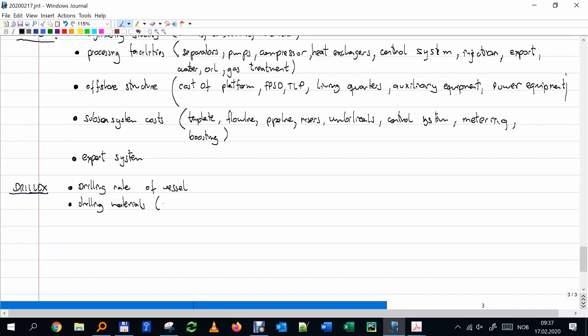Here I have many things, but basically the tubulars, casing, tubing. I have the cement. I have the mud.